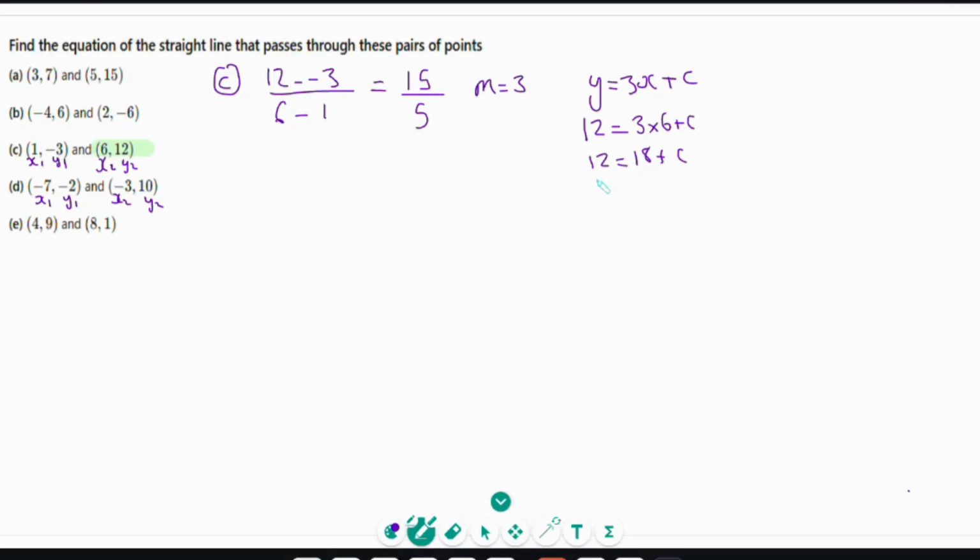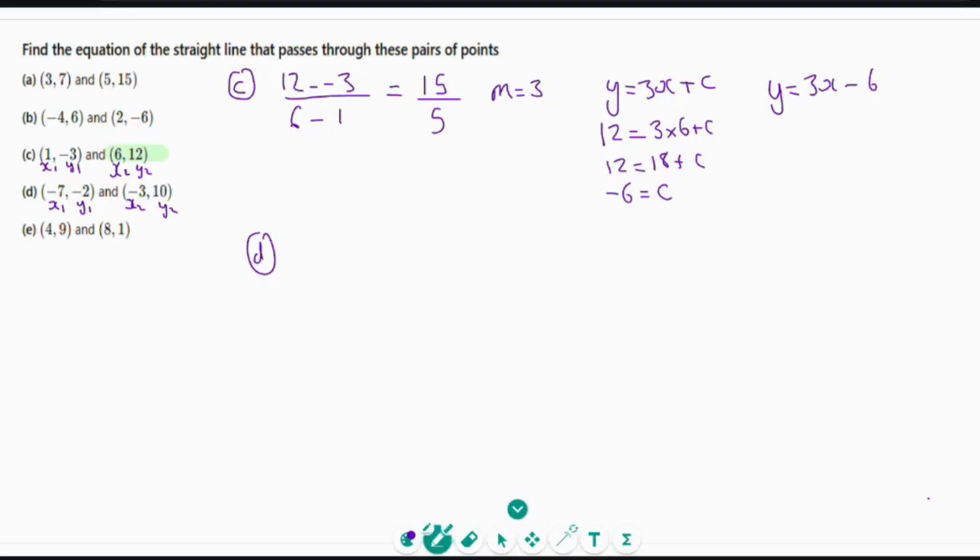Take 18 off both sides. Here we have m is 3.